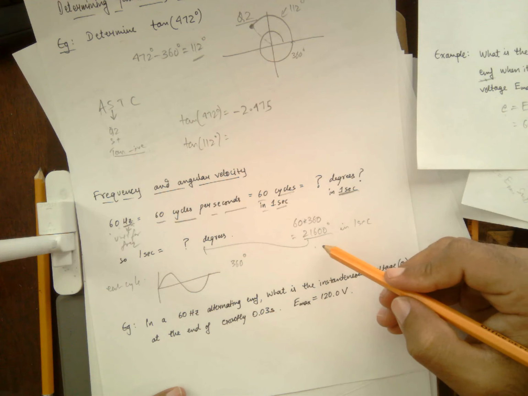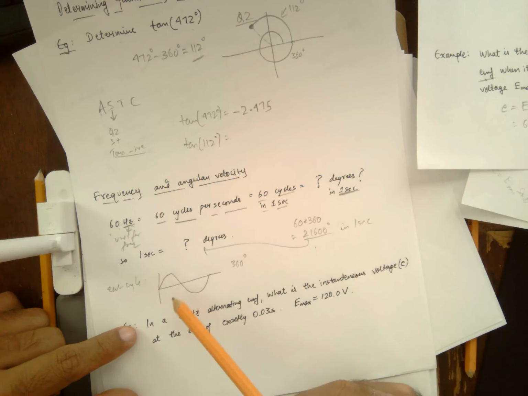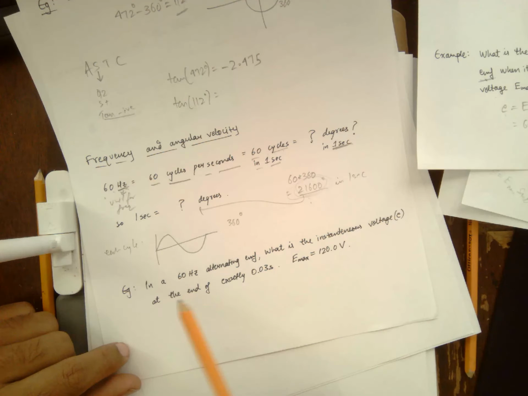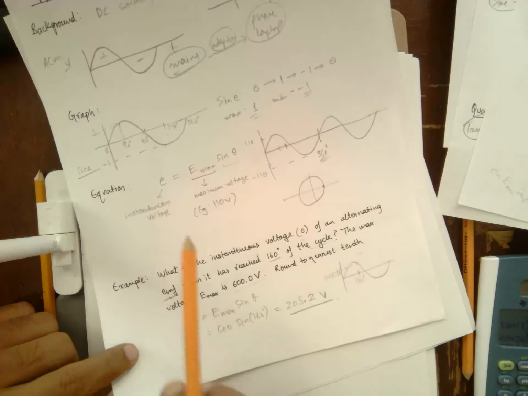What this means is the main supply, the electricity supply that we get, goes through 21,600 degrees every second, and that's what this frequency means. So what we did in the previous case can be framed in a different way.